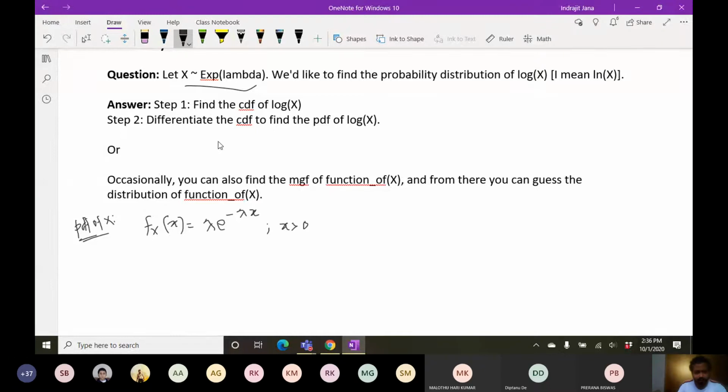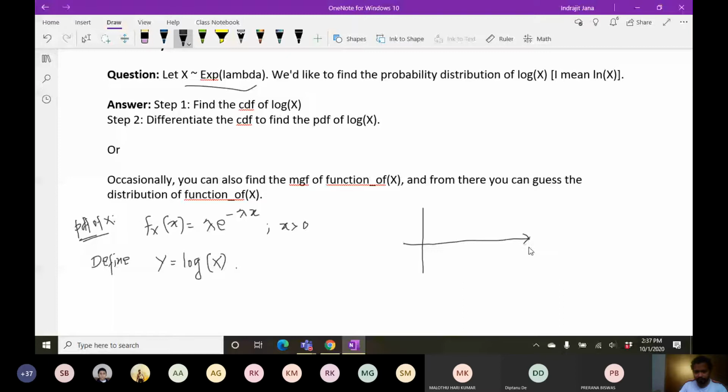Now we want to find first the CDF of log x. So let us define y equal to log x. Notice that if x is exponential, then x is taking only positive values.